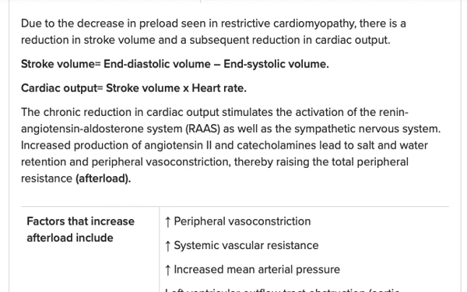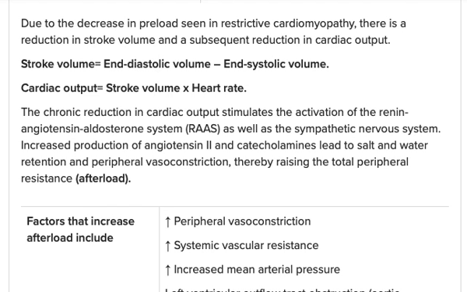Due to the decrease in preload seen in restrictive cardiomyopathy, there is a reduction in stroke volume and a subsequent reduction in cardiac output. Stroke volume is end-diastolic volume minus end-systolic volume, and cardiac output is stroke volume times heart rate.